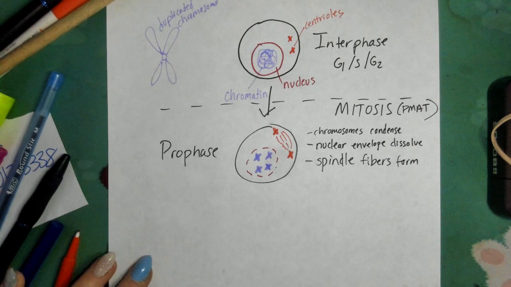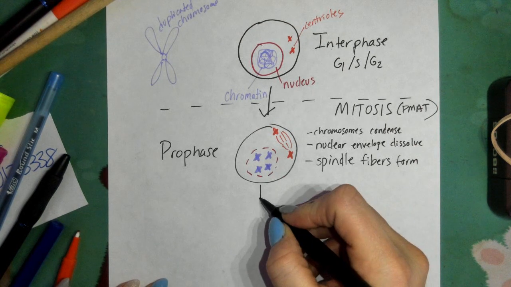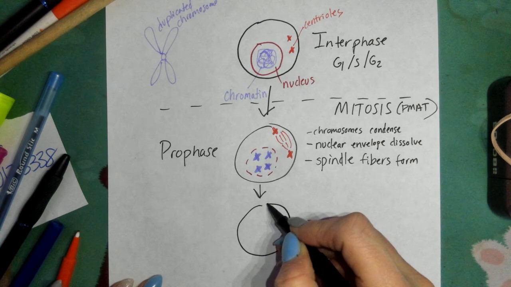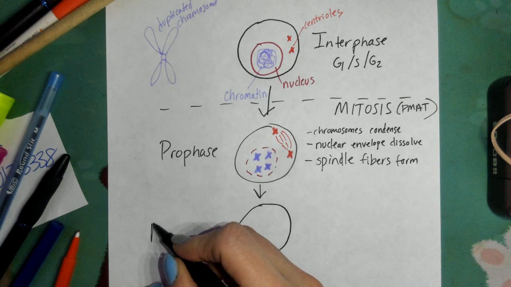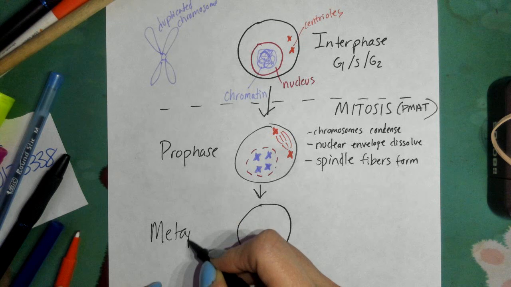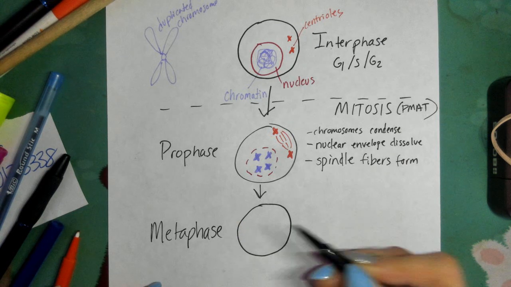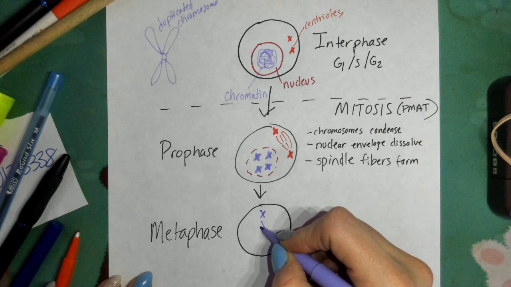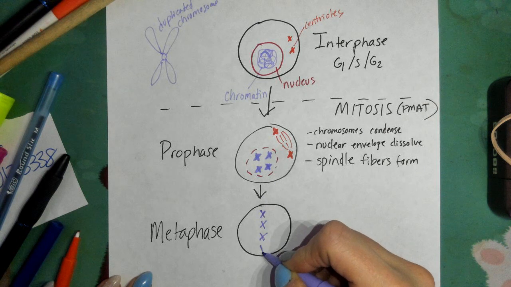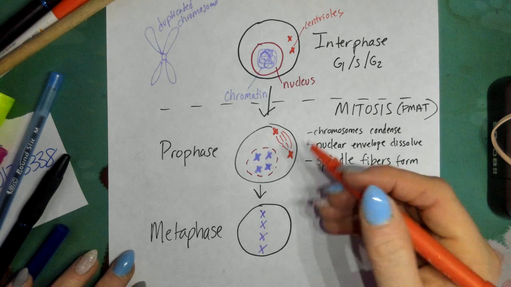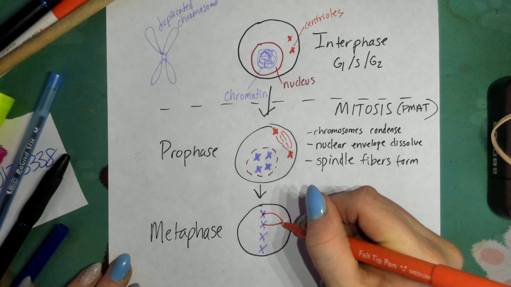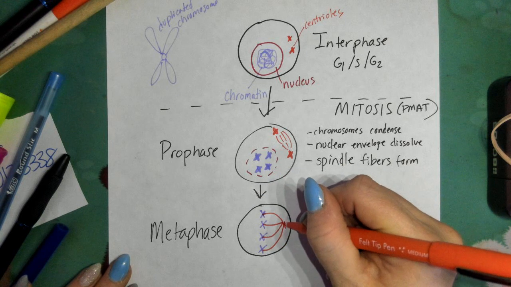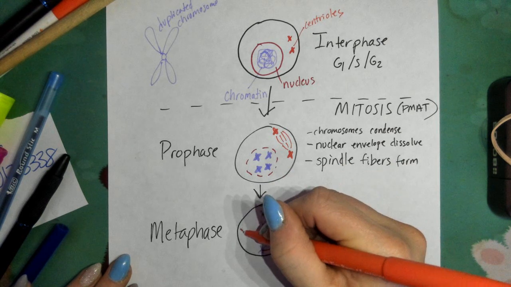Right, so after prophase, now that we have chromosomes and we're getting rid of the nucleus, now we need to start organizing those chromosomes in a phase called metaphase. And in metaphase, the cell is going to line up those chromosomes in the middle. What is going to help this process are these spindle fibers.